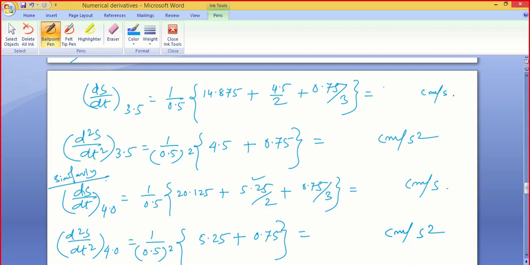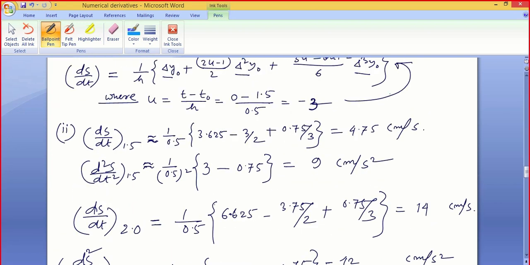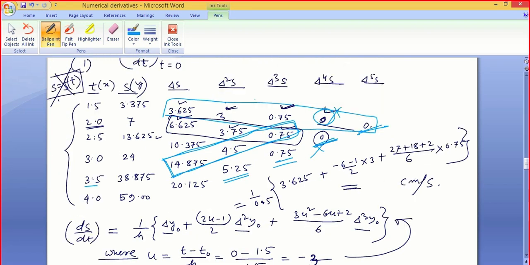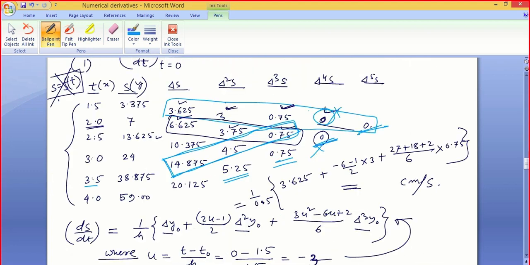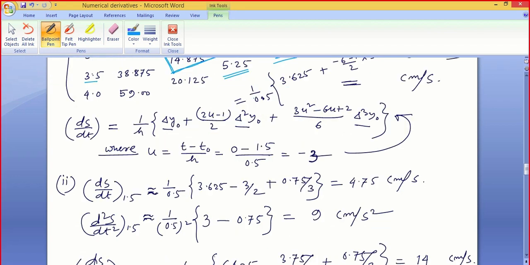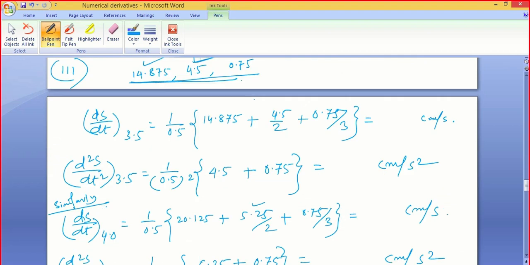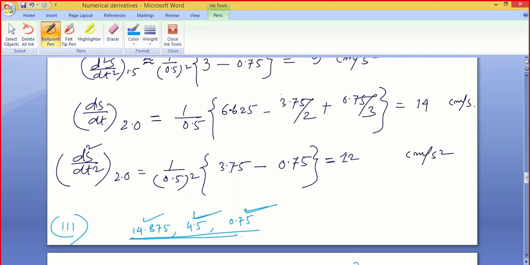For the practical problems, I have given you velocity and acceleration for the discrete set of data points. Whatever type of question will be asked in exam, all types of things I have cleared. Now you just tell me, where do you have any problem in understanding?